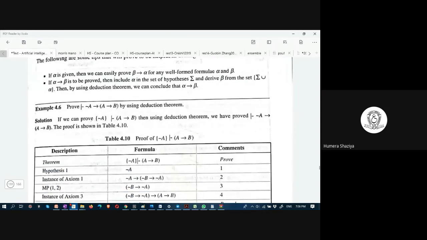Here we have to derive this whole statement. How can you write this whole statement? You can write it like not A derives A implies B. If we can do this, it can be proved that not A implies B can be derived.